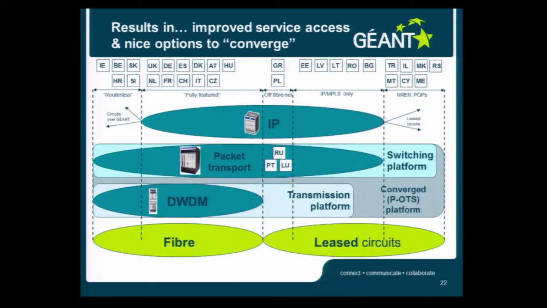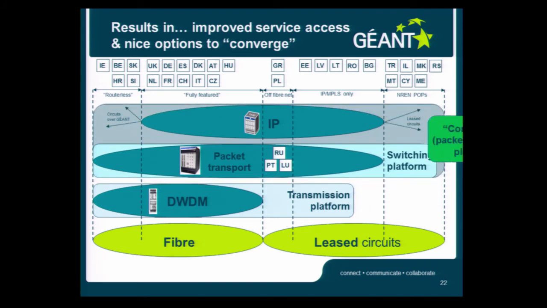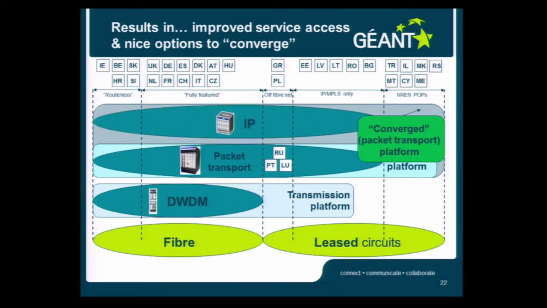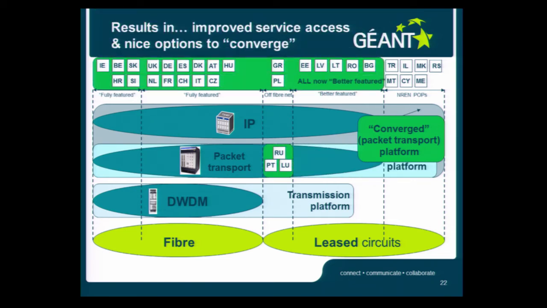So this is how the architecture was, just post deployment. So you have DWDM and packet transport deployed, and this is how it looked. But then we did convergence, converged the IP, still not enabled it, and then straight away we had IP and packet transport in all these POPs, which enabled us to deliver better features to all the POPs.